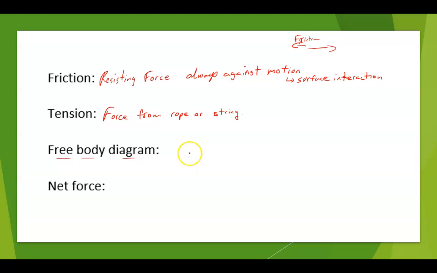Really this is a diagram showing forces on an object. And if we were to add up all the forces, the sum of all forces is what we call the net force, the overall force acting on an object.